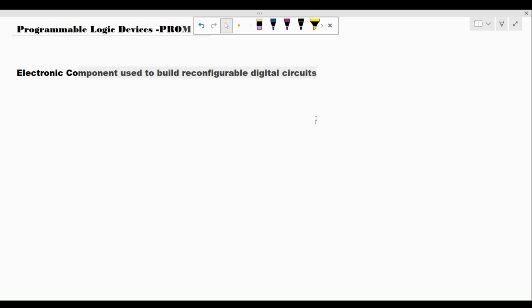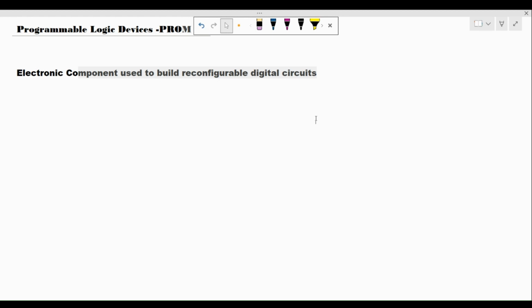Whereas in case of PLDs, we do not know what function it is going to perform or what its behavior is going to be at the time of manufacturing. So the PLDs can be programmed and they can provide a variety of different logic functions.